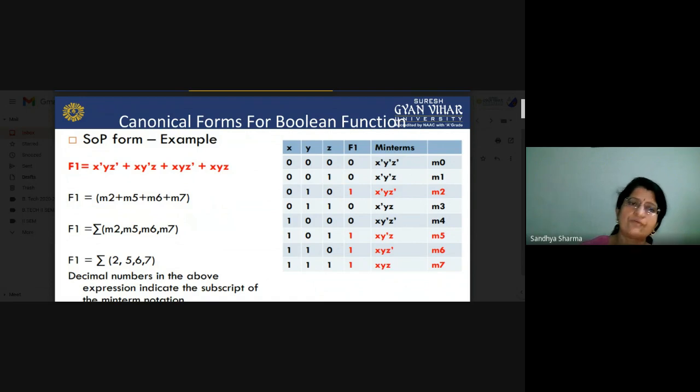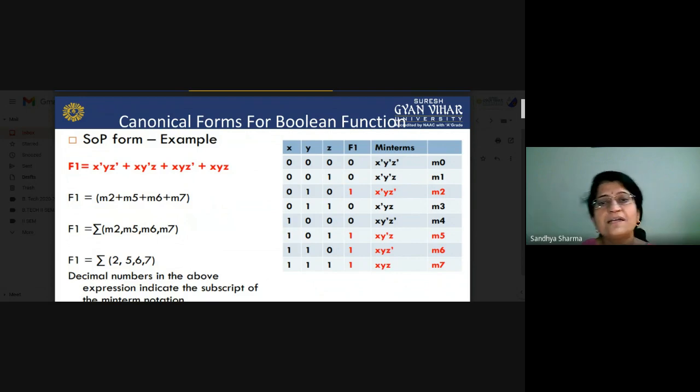Suppose you are given this. You can make a table because you have three variables. You can write the combinations of the three variables, and for three variables the number of combinations would be 8, as we have also seen.